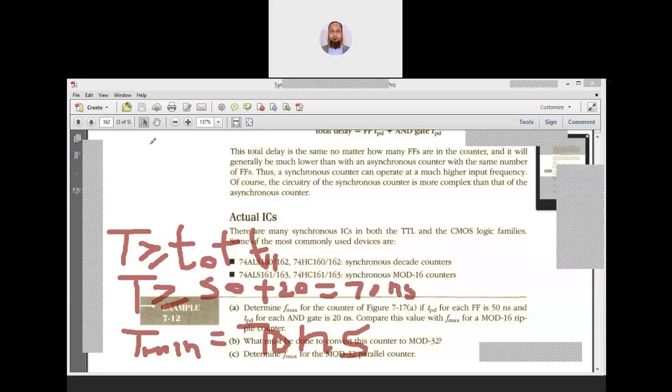If the time period is minimum, and you know the relation between the frequency and time period, it is F equals 1 over T. So if T is minimum, its inverse will be maximum. So this will be F max.